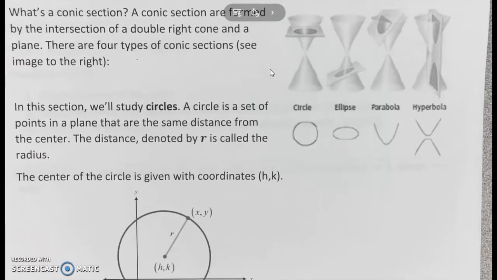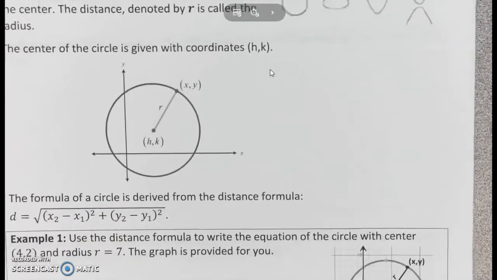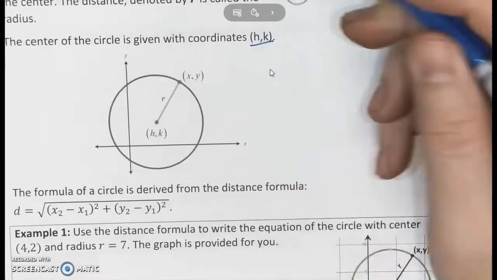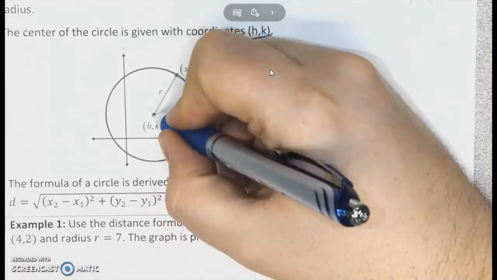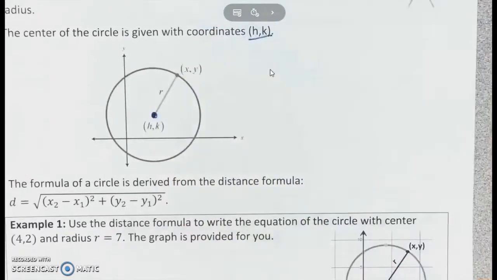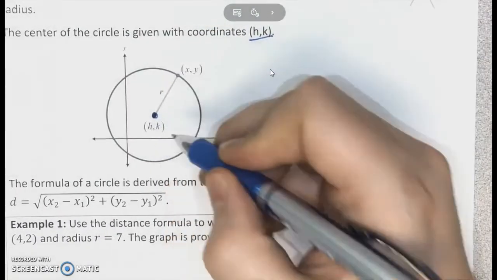And a circle is basically just a set of points that are all the same distance from the center of the circle, which we're going to call the point h comma k. So the point h comma k, as I just mentioned, is the center of the circle. Here's the center, denoted by the point h, k.